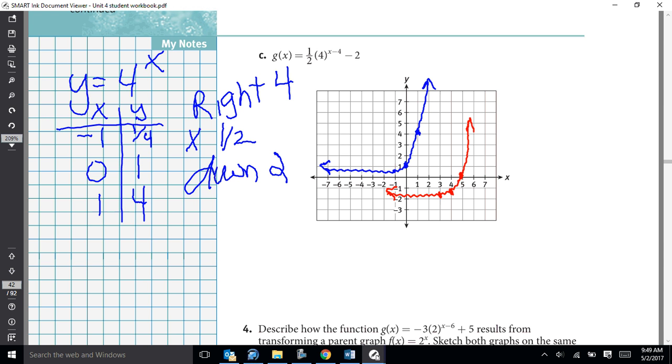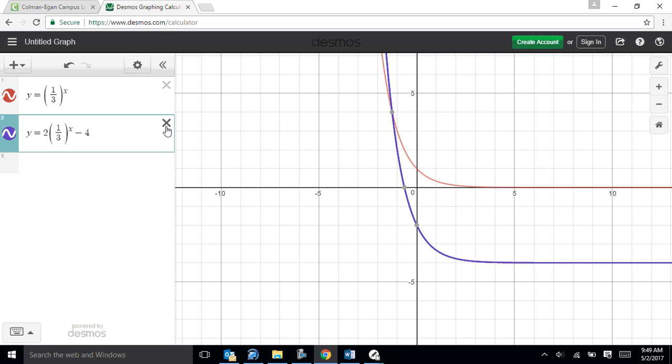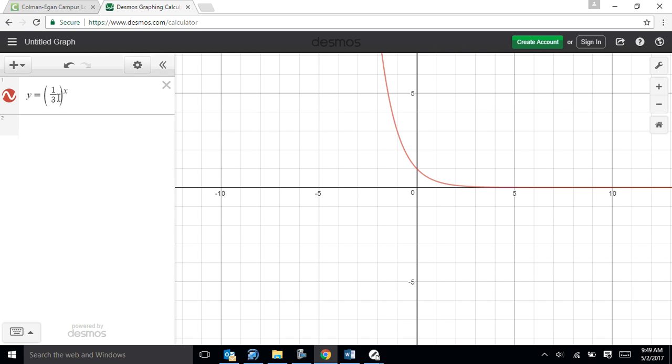So we've shrunk, so our points have decreased by the multiplier of 1/2. We've moved everything right, then multiplied it, and then moved it down. So we're still maintaining our order of operations with exponents, and then multiplying, and then the addition and subtraction. So let's go and check it, because I make mistakes sometimes. So there's our parent function.